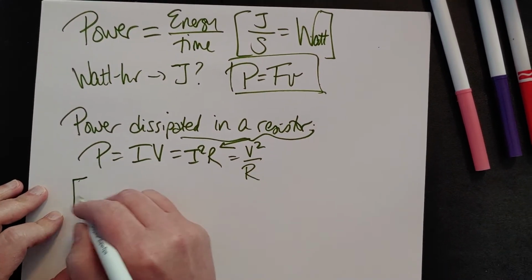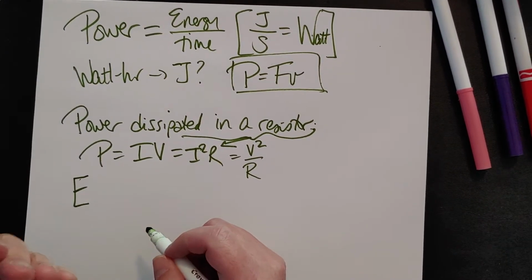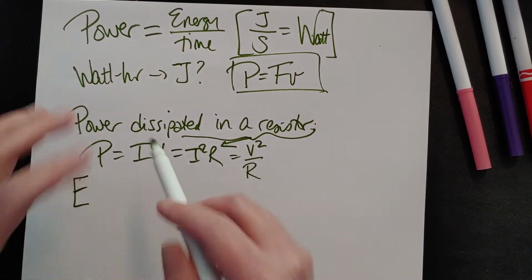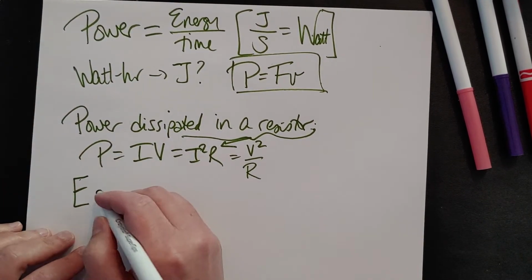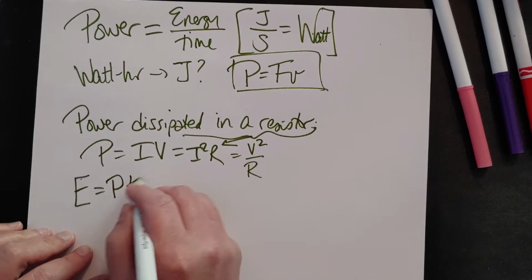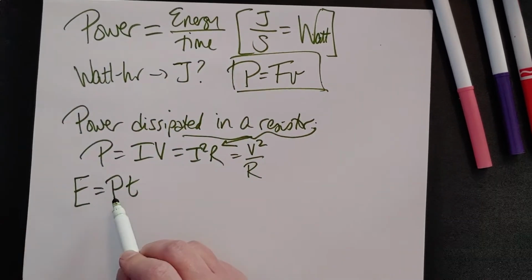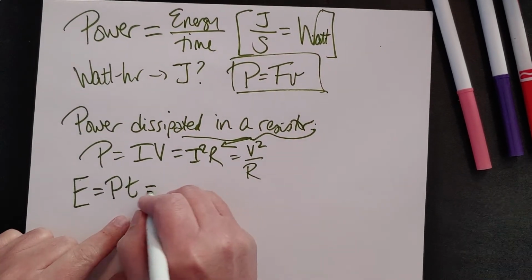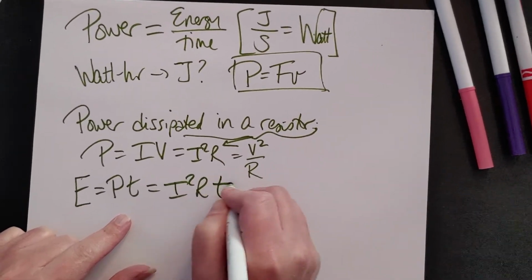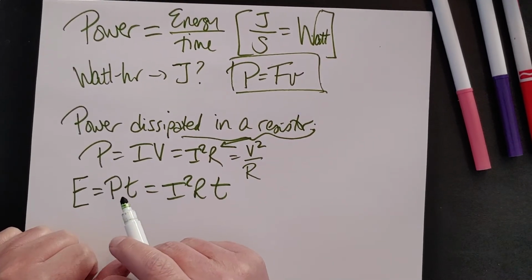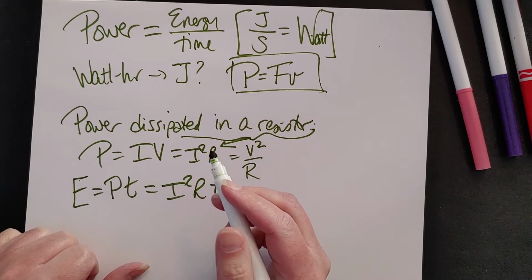So if you want to know about the energy, the total energy dissipated in a certain amount of time, right? Because power is energy over time, energy is power times time. And so I squared R t is something that often happens.